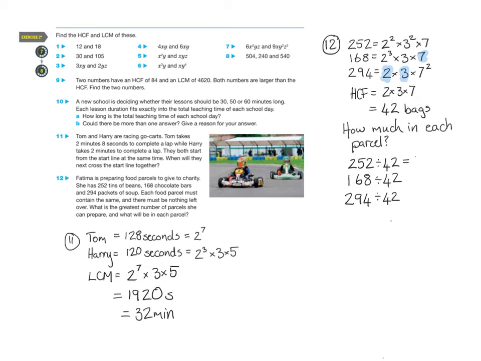And those give answers of 6 and 4 and 7. That means in each one there will be 6 tins of beef, 4 chocolate bars, and 7 packets of soup. I personally think it should be swapped around so that there is more chocolate in each. Anyway, that's the end of exercise 2 star.